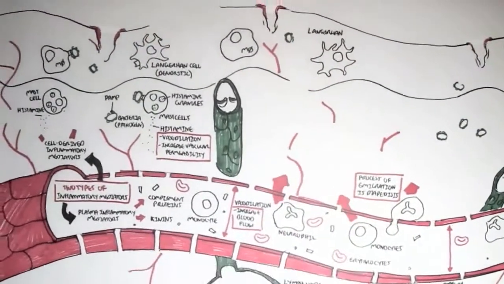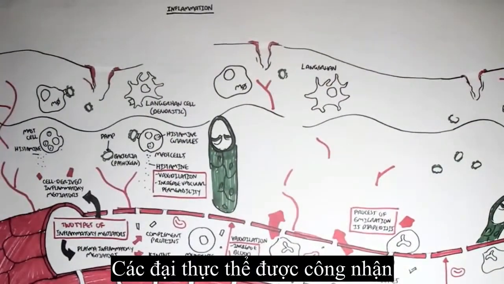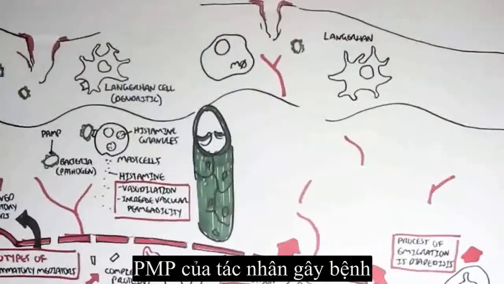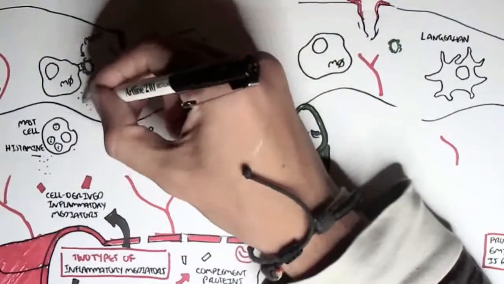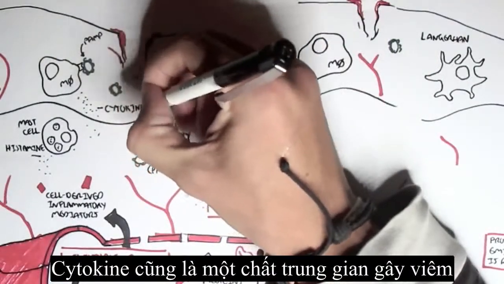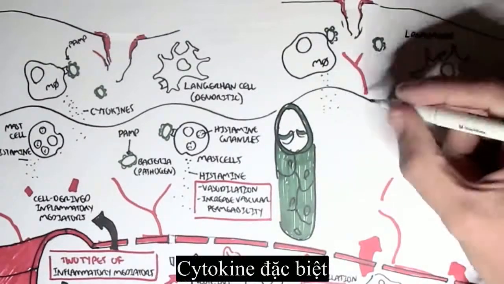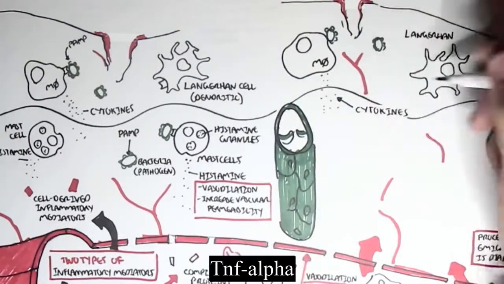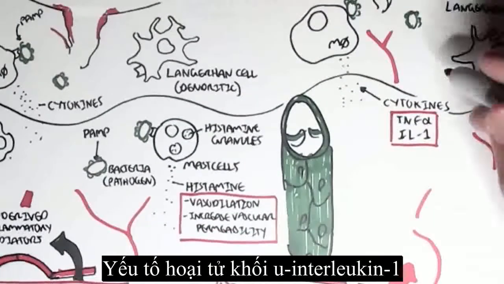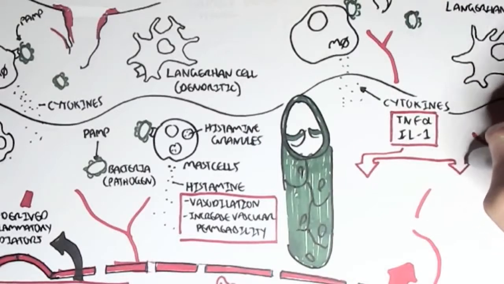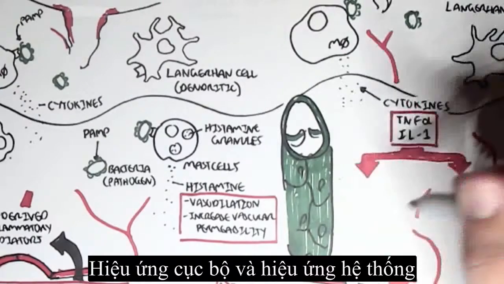Now, what else could happen during this inflammation process? The macrophages, which recognize the PAMP of the pathogen, will also secrete cytokines. Cytokines are also inflammatory mediators. The macrophages will secrete cytokines, particularly TNF-alpha, tumor necrosis factor alpha, and interleukin-1. These cytokines will cause a local effect and a systemic effect.